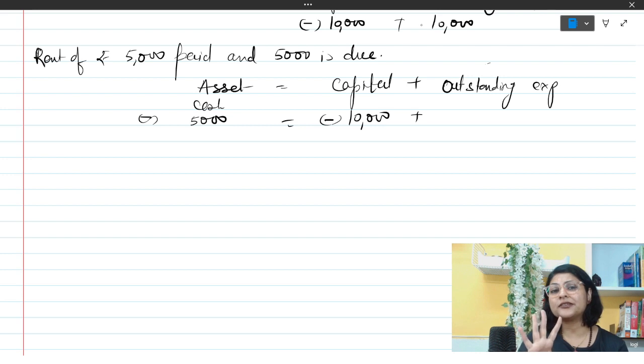So there is a difference of 5,000. This 5,000 will be added to the outstanding expenses account. So now my accounting equation is tallying. On both sides I am deducting 5,000 rupees. This kind of transaction, where under one transaction two different aspects are given, you have to practice, because these may create confusion.